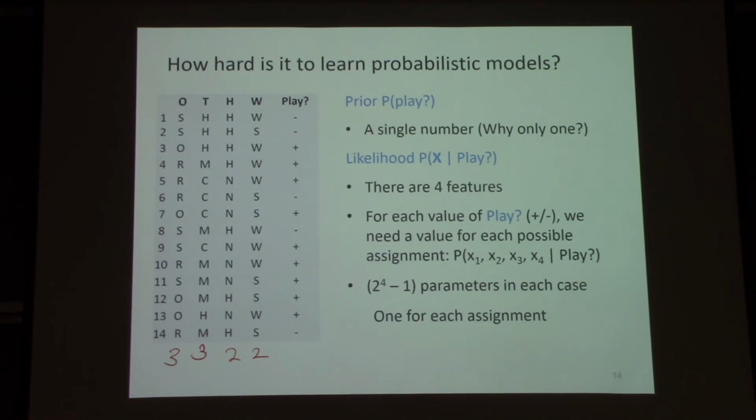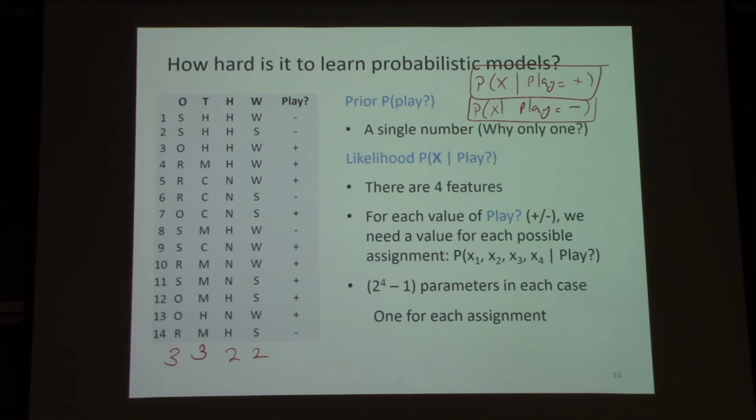So the number of parameters needed would be, we need the probability of X given play equals plus, and the probability of X given play equals minus. We need two of these tables.